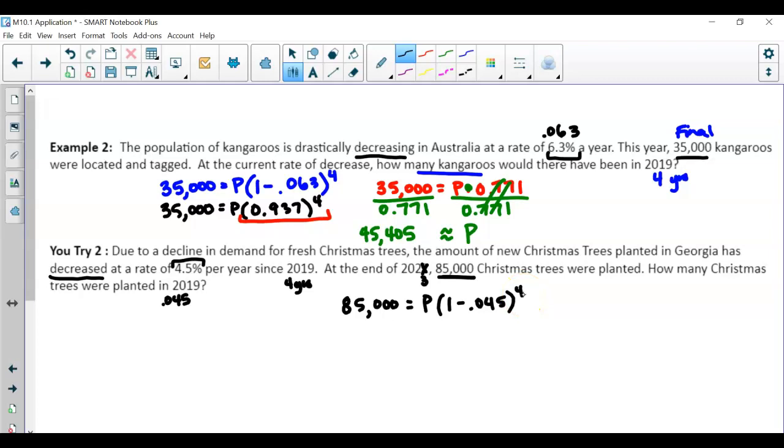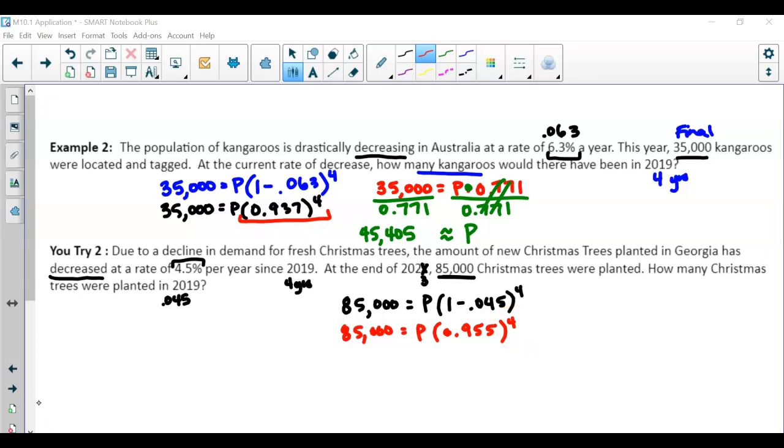And so now we're going to go through and solve. So here I've got 85,000, which is equal to P times 0.955 being raised to the 4th power.